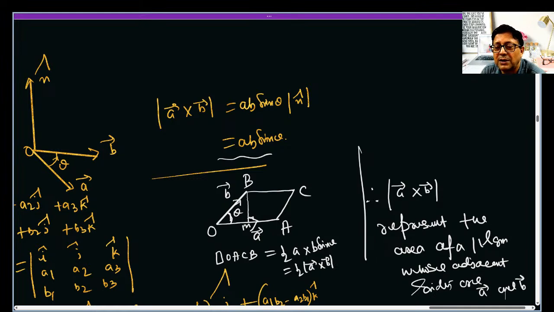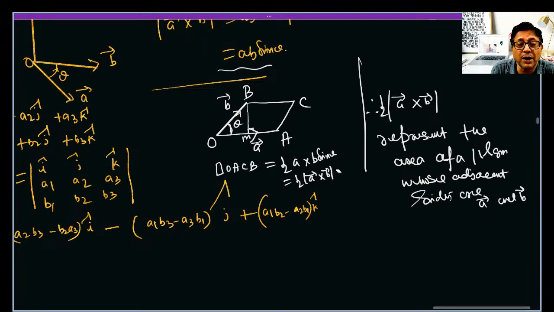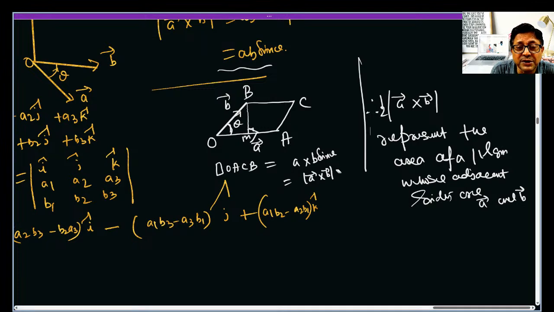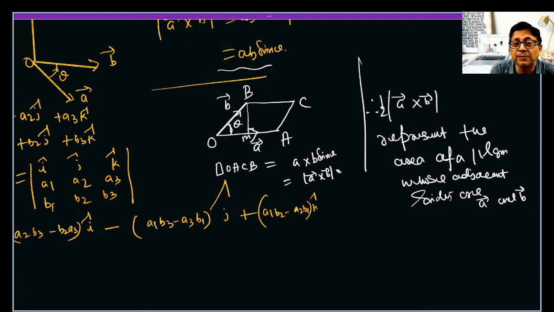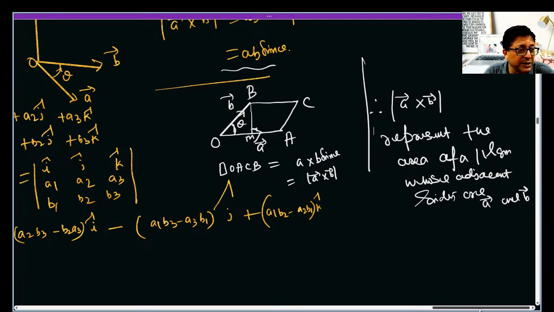So now you say half in the front? No, it's not half. Area will not be half, it is A cross B only. Half is the area of a triangle, no? Mod A cross B represents the area of a parallelogram whose adjacent sides are A and B. Clear?